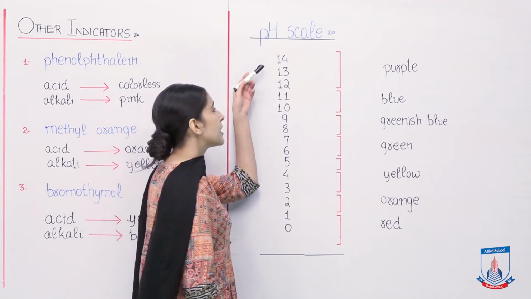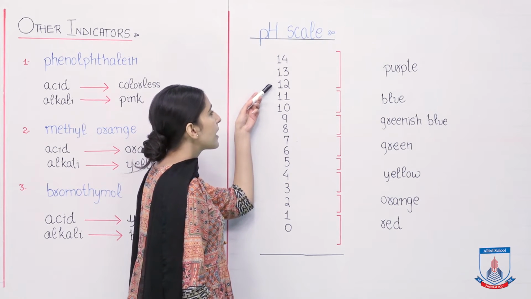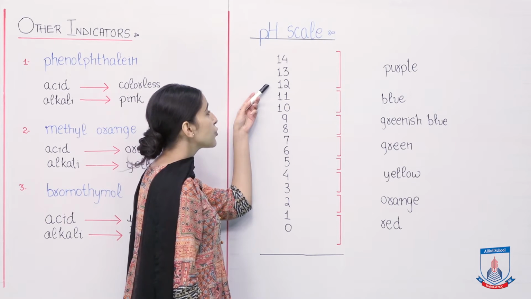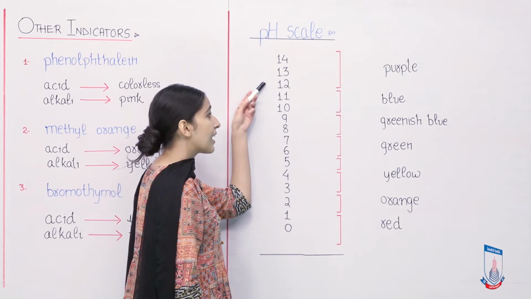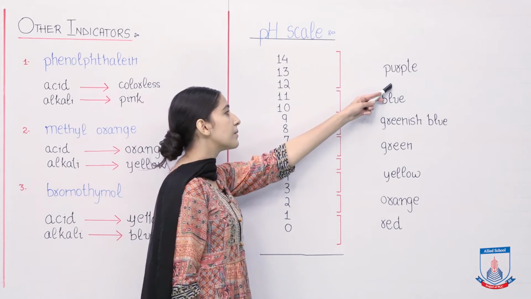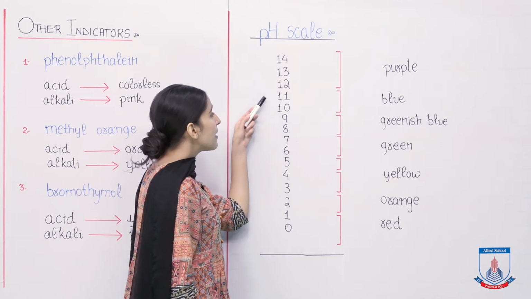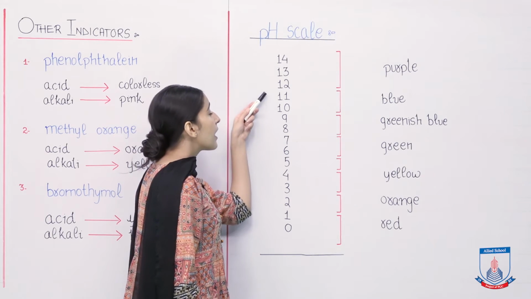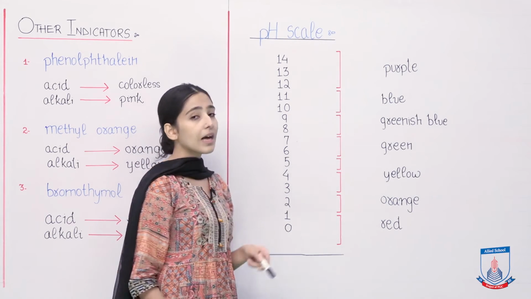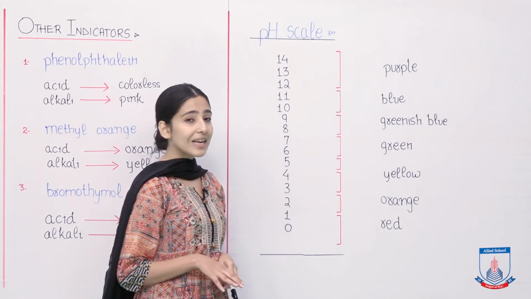Starting from 14, the pH 14, 13 and 12 indicates that the solution is strongly alkaline. Being strongly alkaline, the color will be purple. After that comes 11, 10 and 9. Here the color will be greenish blue and the solution will be a weak alkali.